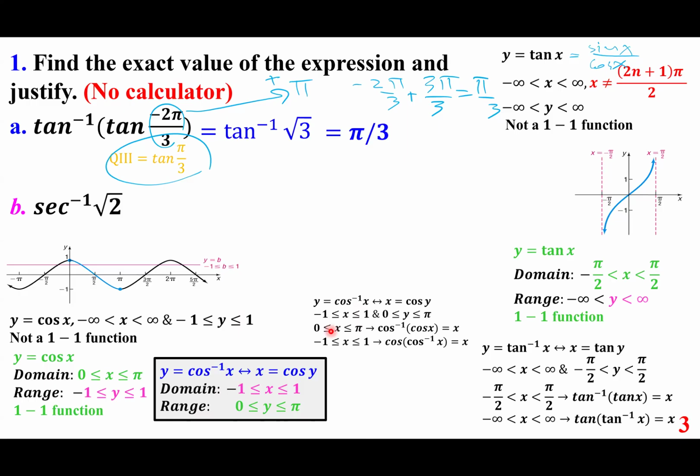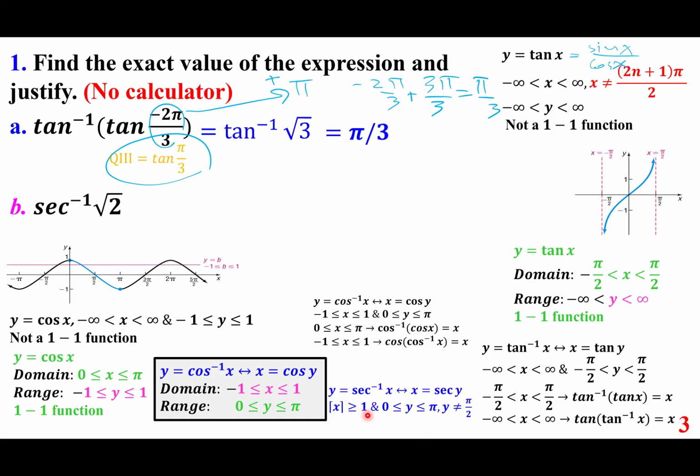And if x is between 0 and pi, cosine inverse of cosine x, remember, this x is the domain of cosine, gives you x. If x is between negative 1 and 1, cosine of cosine inverse x, this is the domain of the inner function, becomes x. Otherwise, you have to figure it out. As far as the secant is concerned, if y equals secant inverse of x, x is secant y.